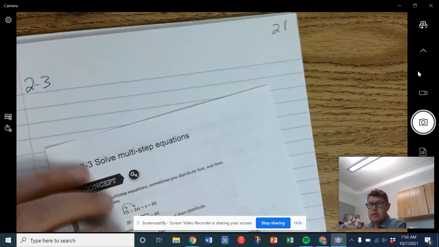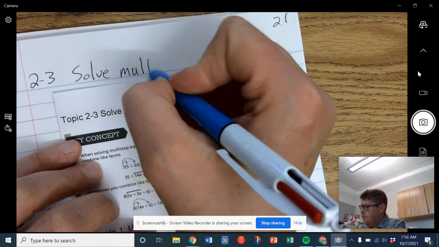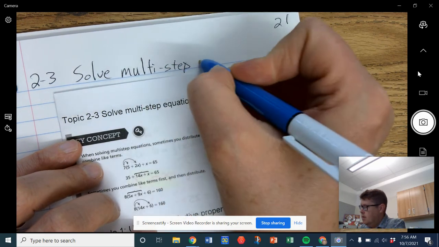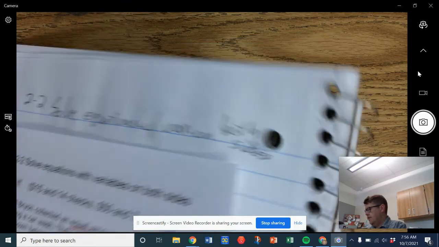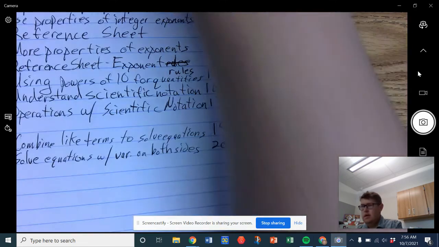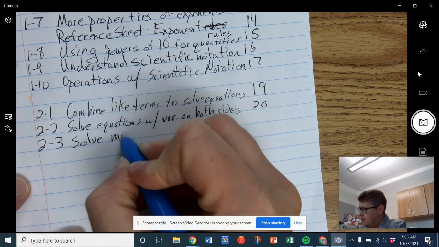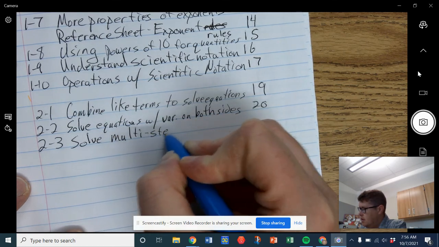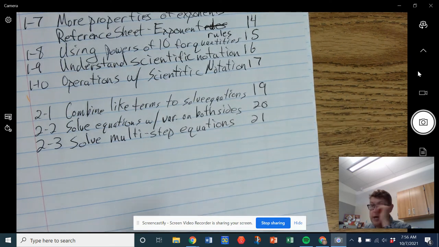Page, double check, 21, yep. 21, solve multi-step equations. Just like that. You'll glue it in, obviously. I'll glue it in a minute. You don't have to see me doing that. And then in your notebook, this is going to be 2-3. Solve multi-step equations. There it goes on page 21. Yeah, there you go, guys.